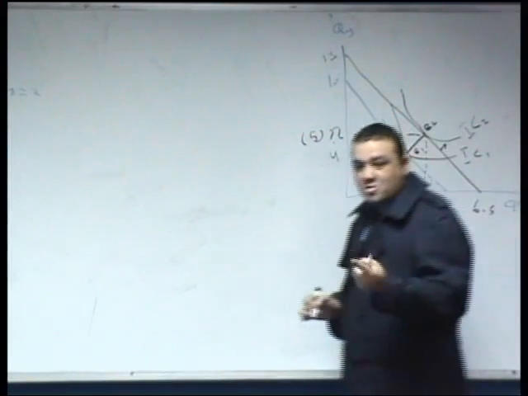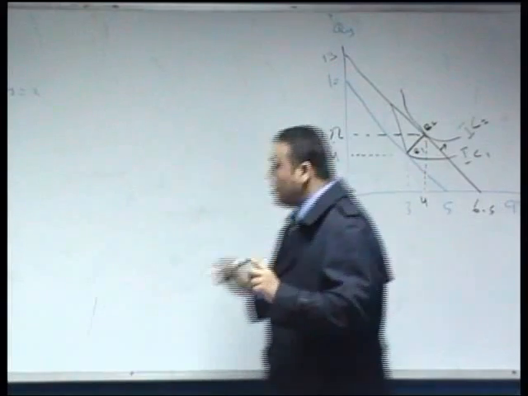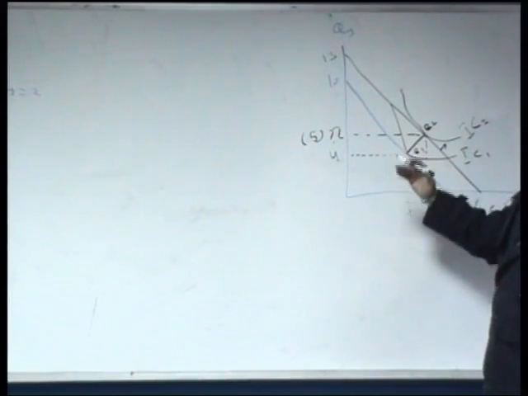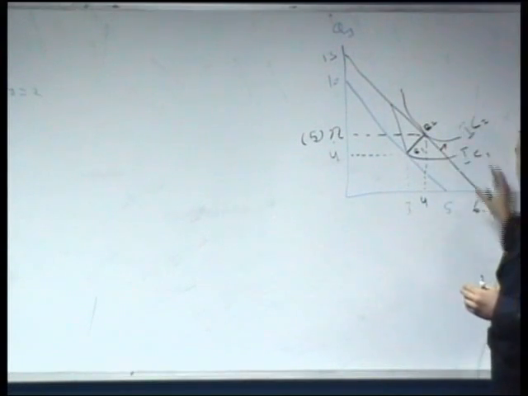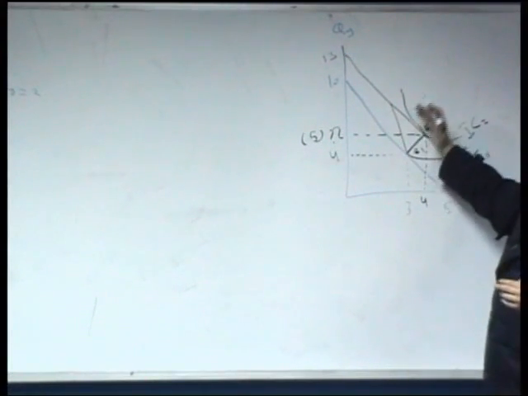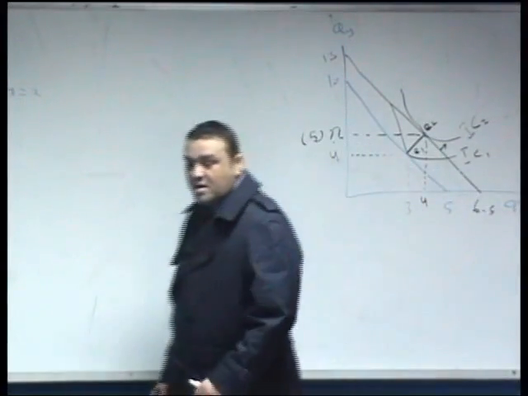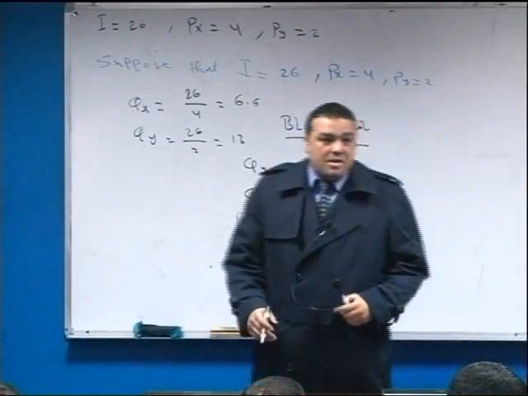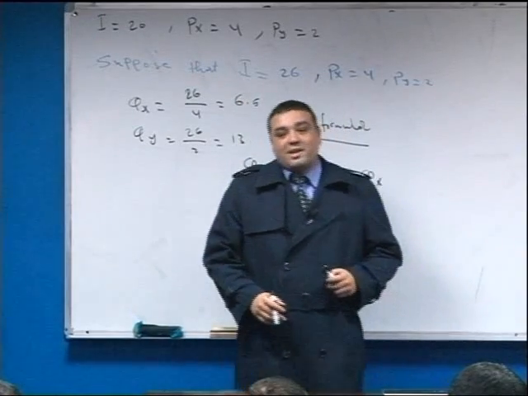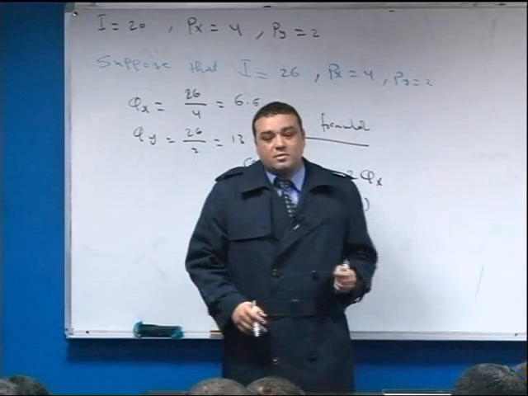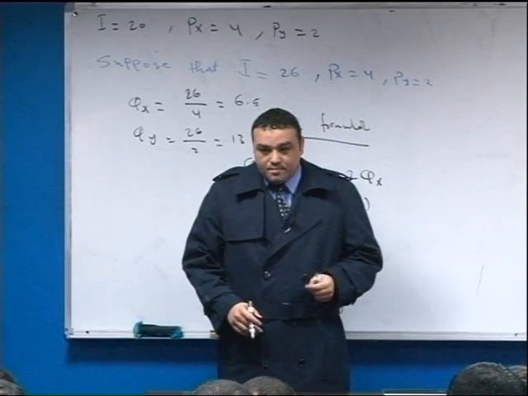It is called that because the consumption of X and Y has increased as a result of the increase in the consumer's income. So it's called the income consumption line between E1 and E2, right? Okay.